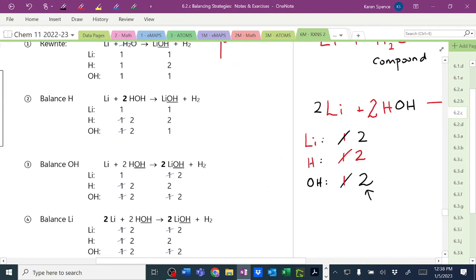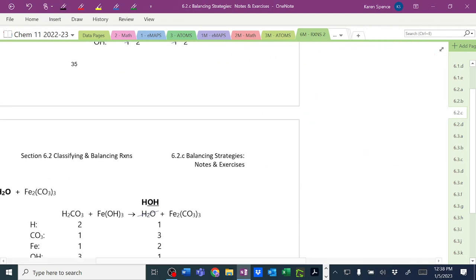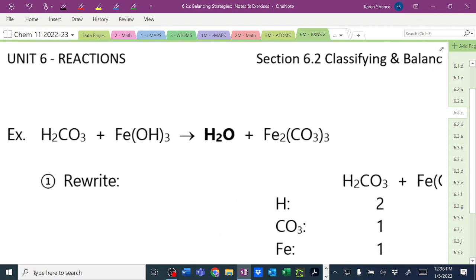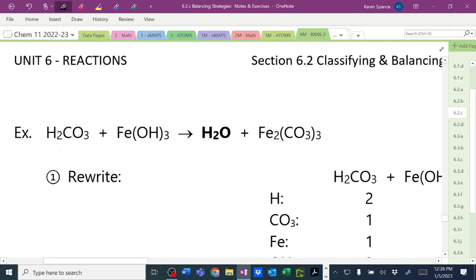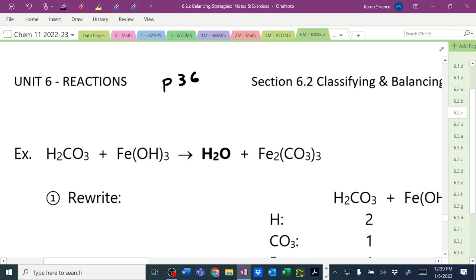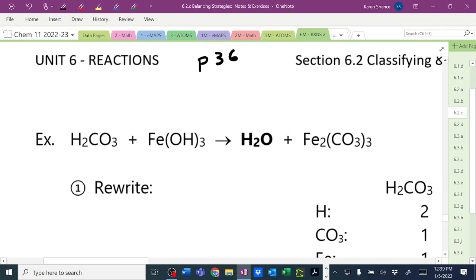It also works well for, what kind of a reaction do we have here? This is on page 36. I think it's on page 36. Yes. What type of reaction is this?